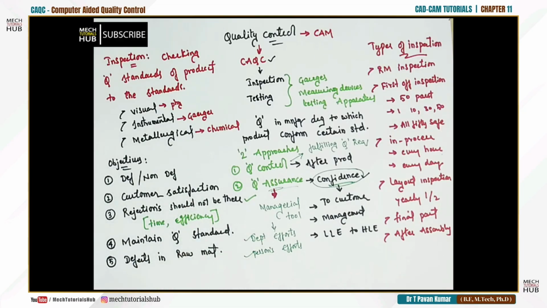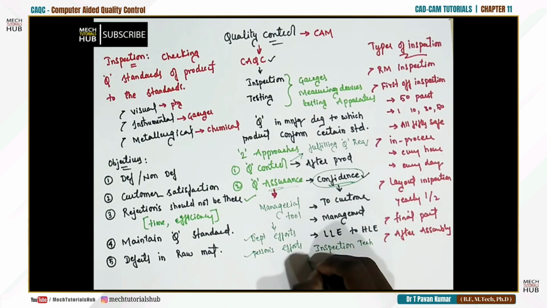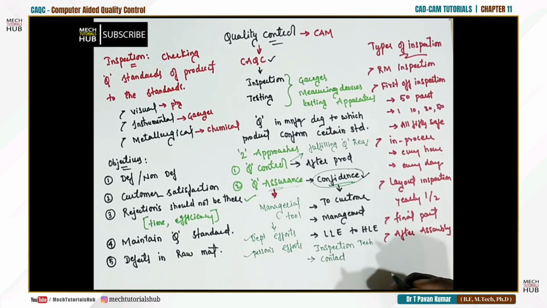Other than this, you have contact inspection methods and non-contact inspection methods. I'll try to mention a few of the points here. The inspection techniques, I'll just write it like this, techniques. Number 1 is contact technique. Number 2 is non-contact. If you take the contact technique, usually the first and foremost component that we remember is the coordinate measuring machine.